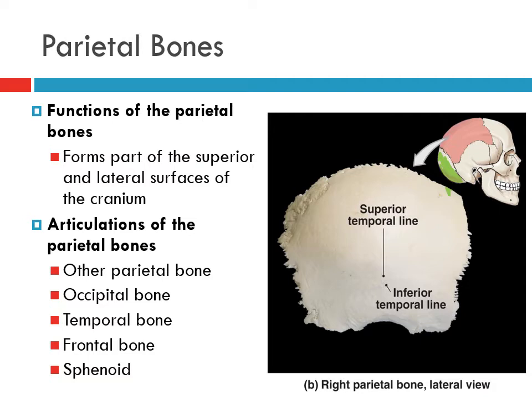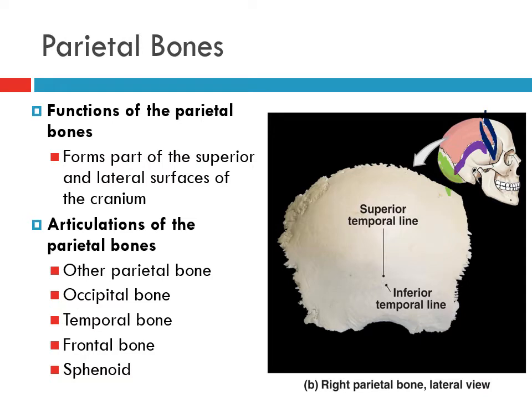The parietal bones articulate with one another at the sagittal suture. They articulate with the occipital bone at the lambdoidal suture. They articulate with the temporal bone at the squamous suture. I'll show you on this picture: there's the squamous suture. They articulate with the frontal bone at the coronal suture here.